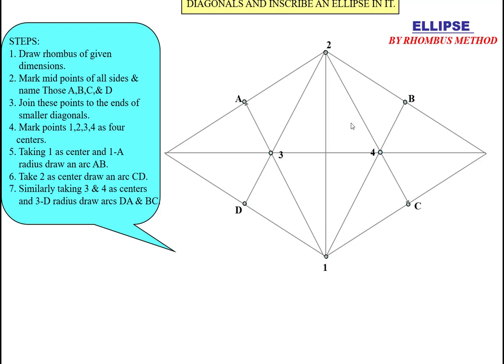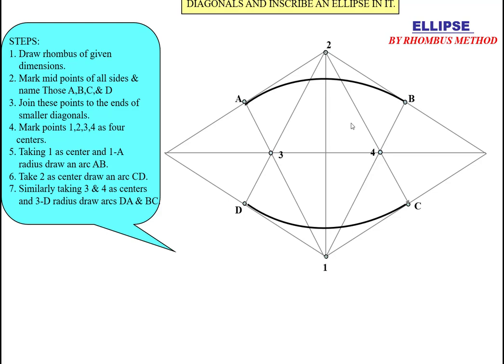Now take a radius A1 and draw an arc with center A. Same as, take radius 2C and draw an arc from center 2.